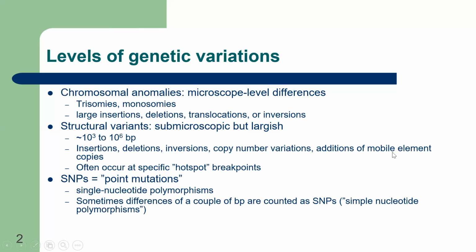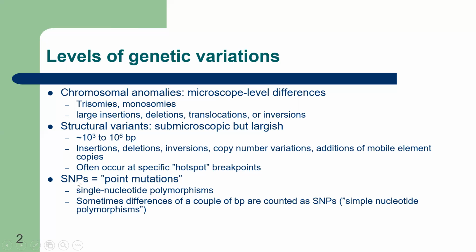Then we'll discuss mobile elements in a minute, and adding those mobile element copies is also structural variation. It could be a kilobase or a few kilobases. It's notable that there are many hotspots that seem to be more easily the starting and ending points of inversions, or positions where you might have inserted new sequences.